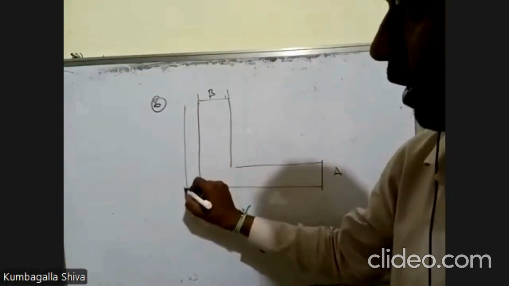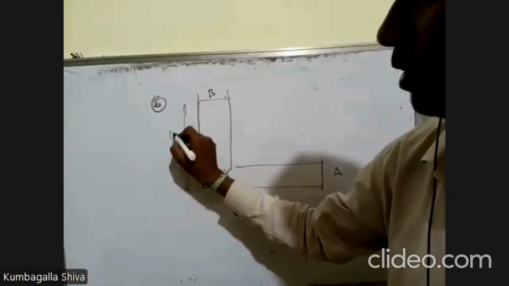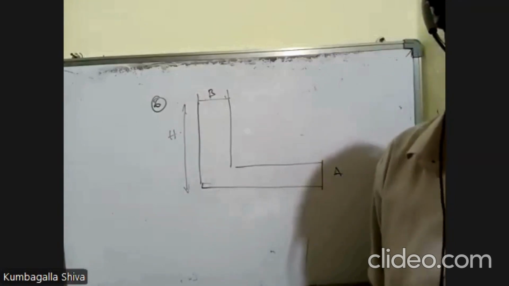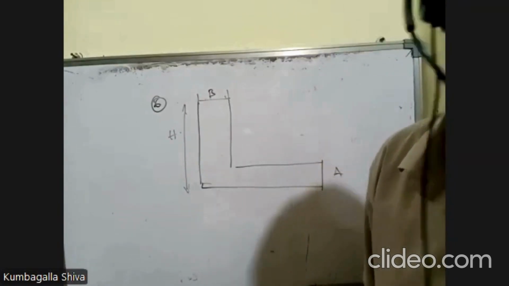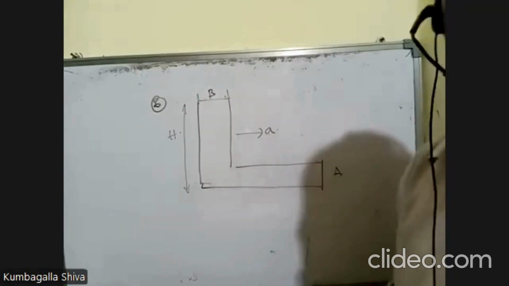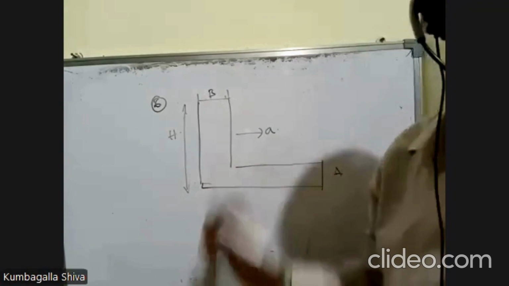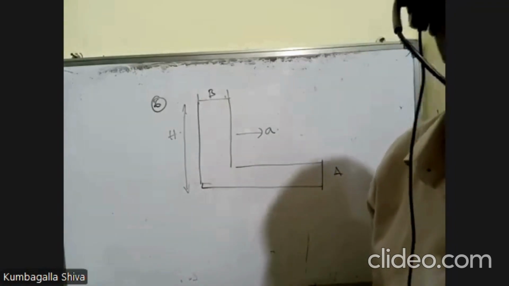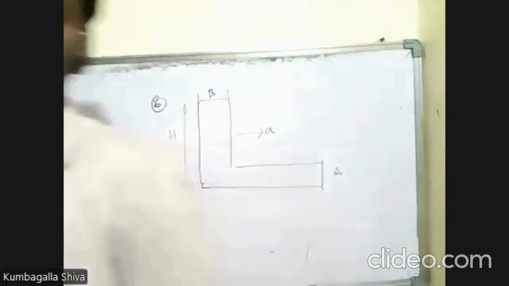Next, what should be the horizontal acceleration of the tube so that the pressure at point A becomes atmospheric?